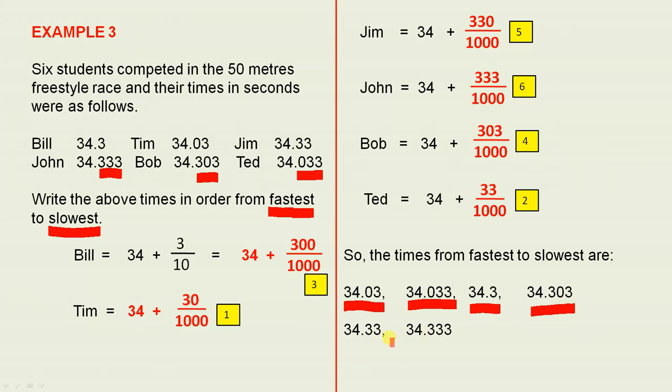The fifth place getter is Jim, which is 34.33. And the slowest, the one who came sixth in the race, was John, who was 34.333. And there we are. They are the times from the fastest going to the slowest.